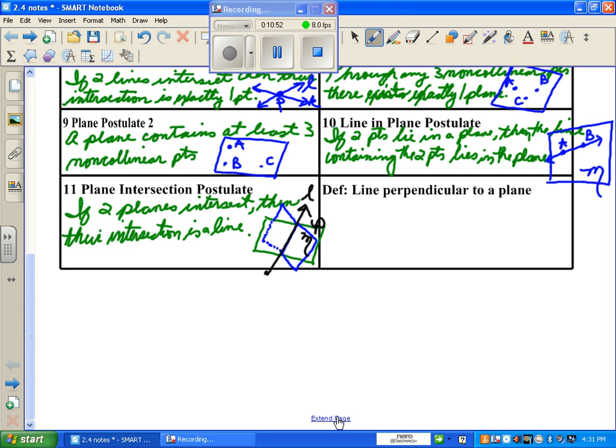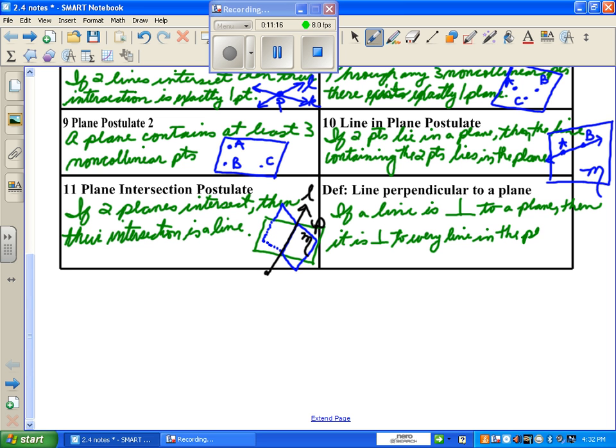If a line is perpendicular to a plane, here's my perpendicular symbol, then it is perpendicular to every line in the plane at the point of intersection.